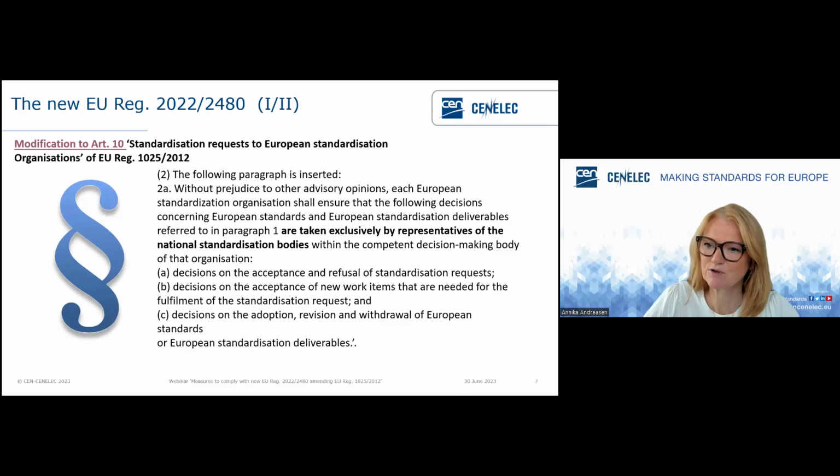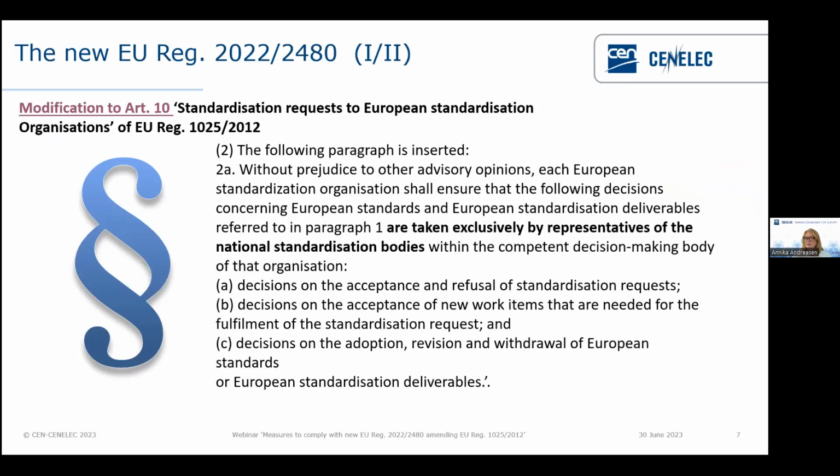Without prejudice to other advisory opinions, each European standardization organization shall ensure that the following decision concerning European standards and European standardization deliverables referred to in paragraph 1 are taken exclusively by representatives of the national standardization body within the competent decision-making body of that organization.